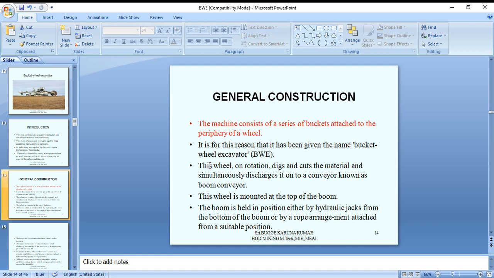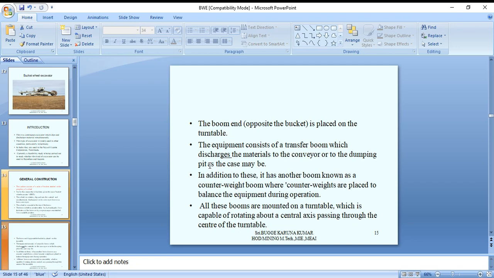The boom is held in position either by hydraulic jacks from the bottom of the boom or by a rope arrangement attached from a suitable position. Next, the boom opposite the bucket wheel is placed on the turntable. The equipment consists of a transfer boom, which discharges the material to the conveyor or to the dumping pits, as the case may be.